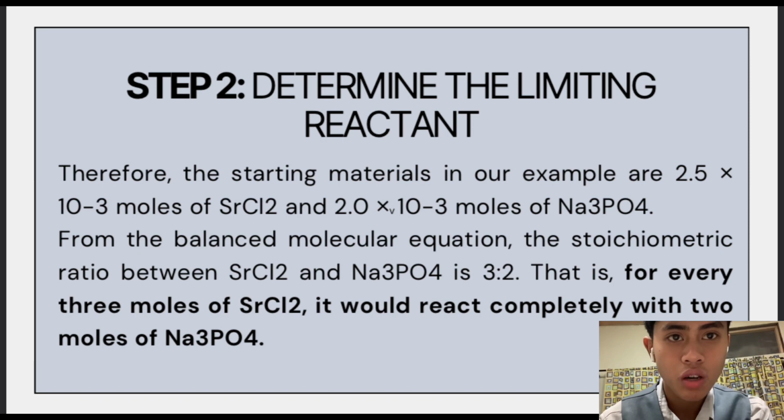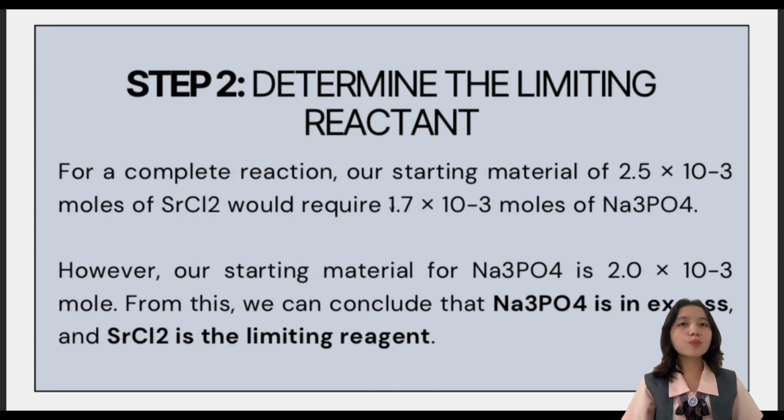Therefore, the starting materials in our example are 2.5 times 10 to the power of negative 3 moles of SrCl2 and 2.0 times 10 to the power of negative 3 moles of Na3PO4. If we begin with 2.5 times 10 to the power of negative 3 moles of SrCl2, it would necessitate 1.7 times 10 to the power of negative 3 moles of Na3PO4 for a full reaction.